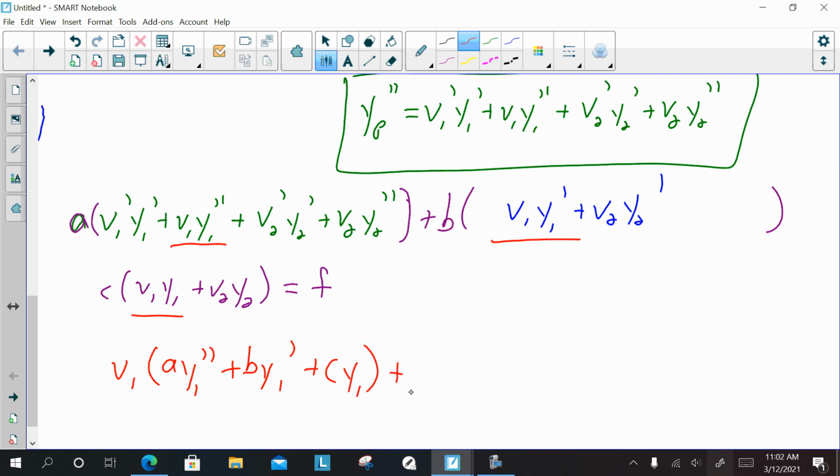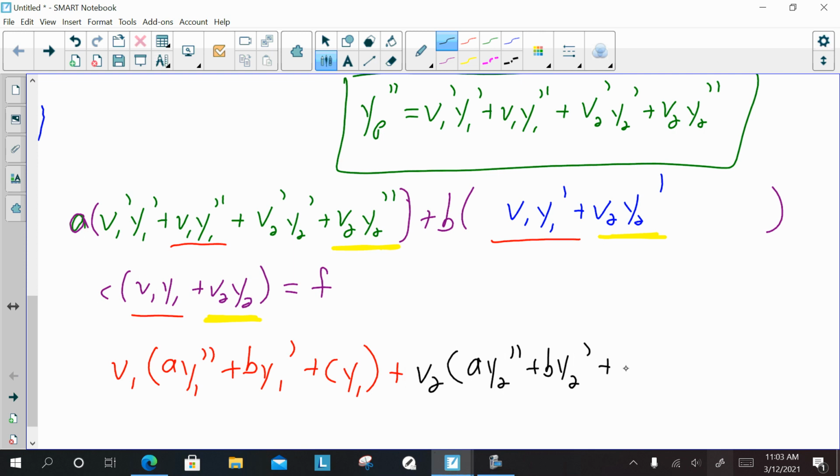So then let's look at the V2 terms. So we have a V2 term here, here, and here. So if we group the V2 terms together, we would have A times this one. So the V2 is out front. A Y2 double prime. B times this one. The V2 is out front. So B Y2 prime.